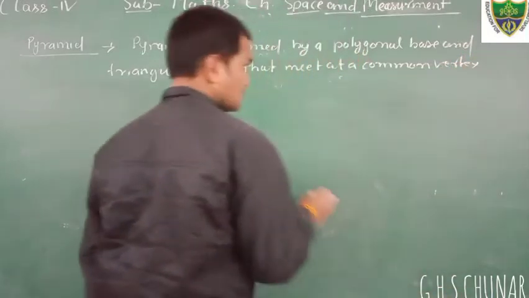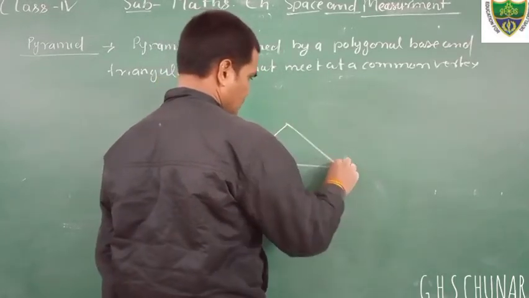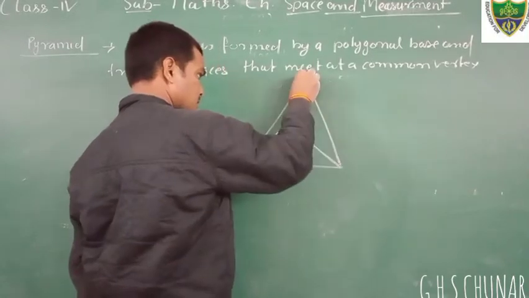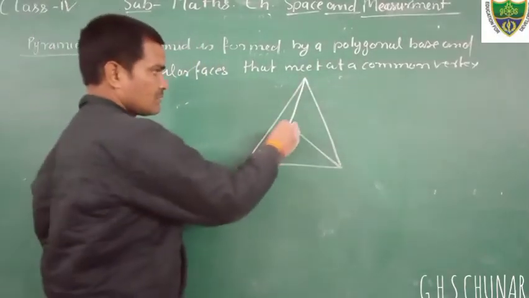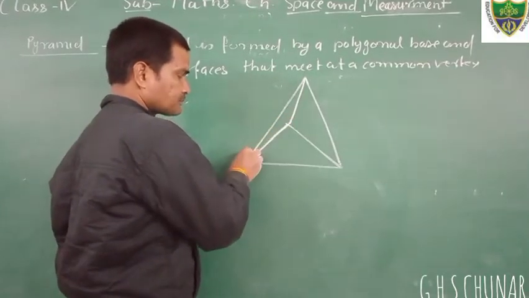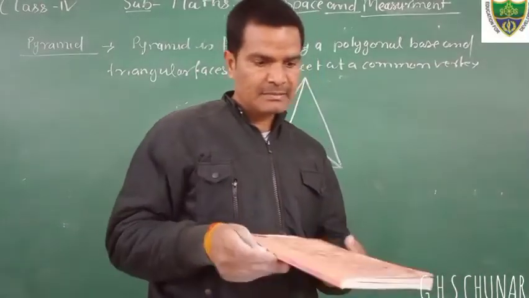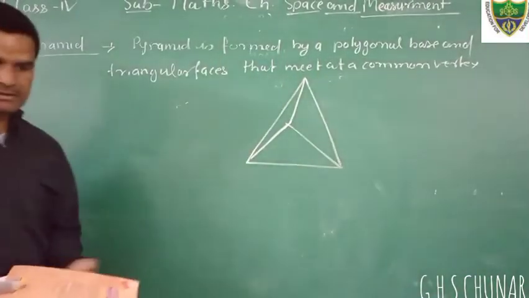Here, this shape is the triangular pyramid. Okay. Here the base is triangular. Now it is this type.